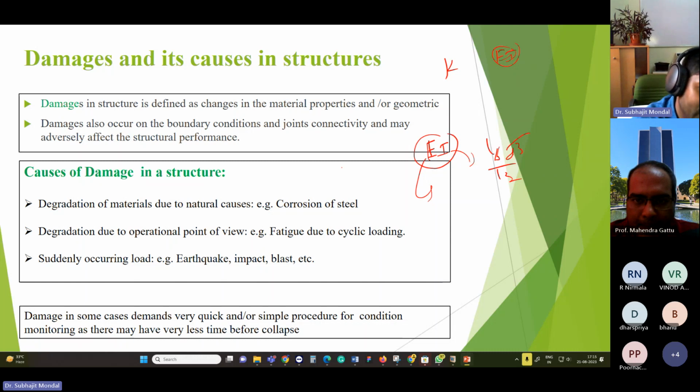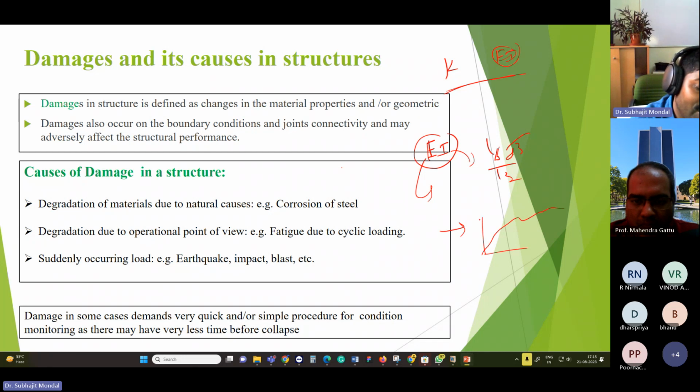Again, just try to realize that whenever we are changing EI, we are basically converting the whole problem into a linear problem. That is the limitation of our structural health monitoring algorithms or scheme. When the structure is already damaged, that indicates that the structure is already in the non-linear zone, not in the linear zone.